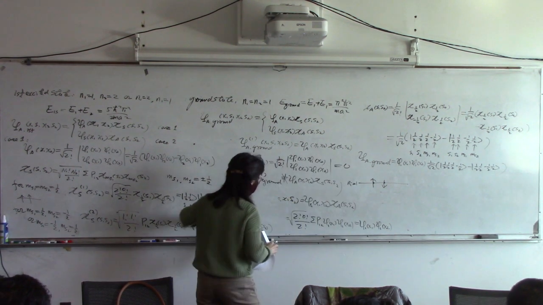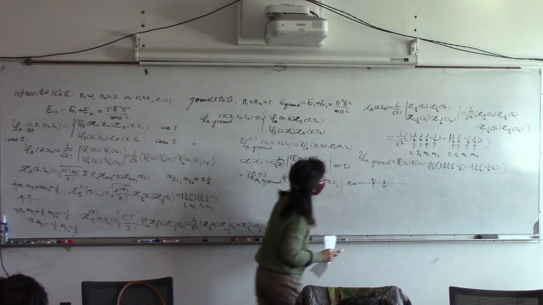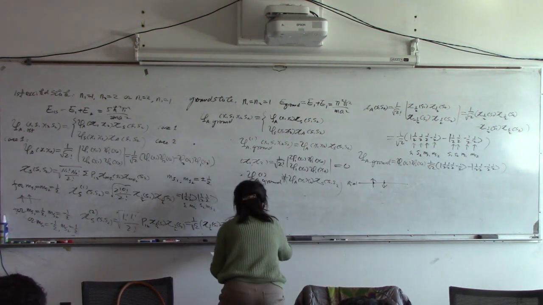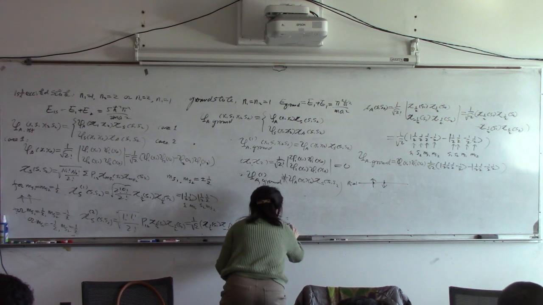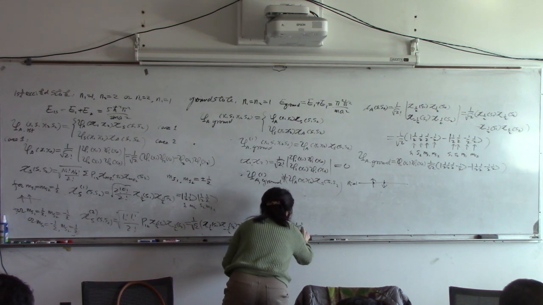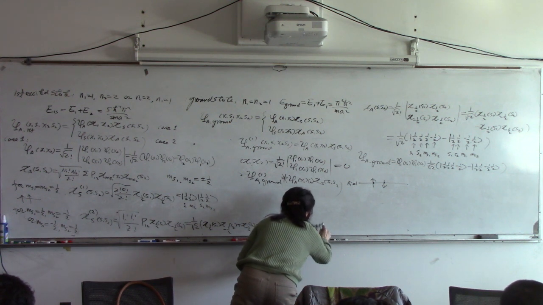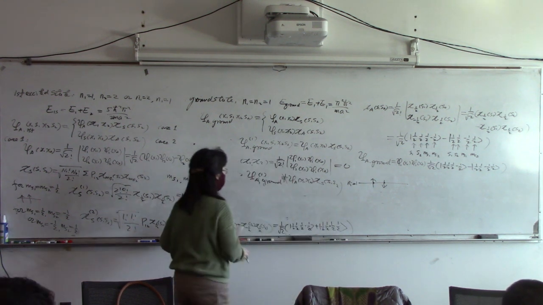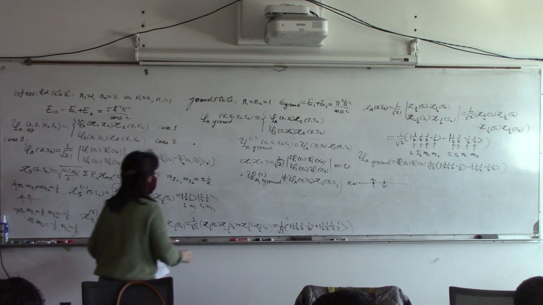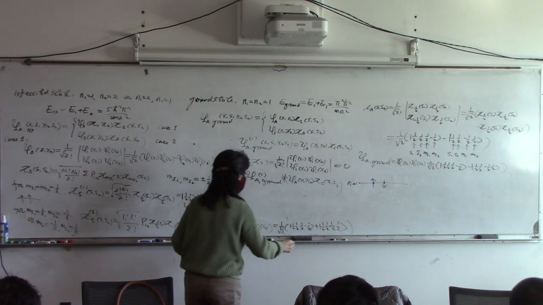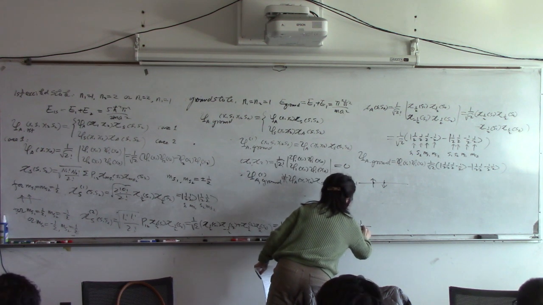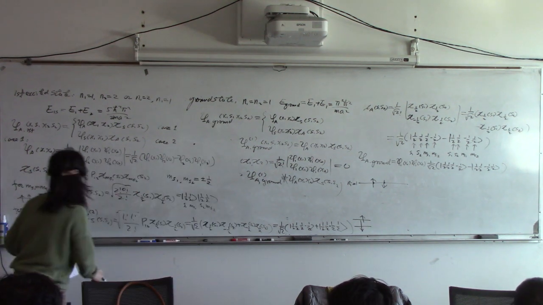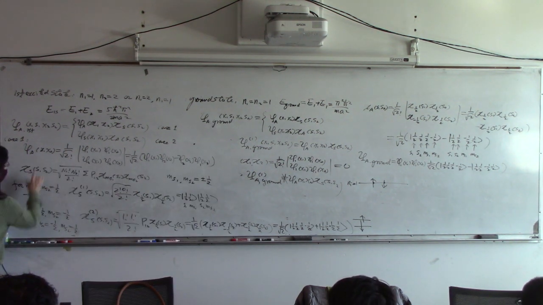Okay, and now let's come down. I use the Dirac notation here, so that is half, half, minus half, plus half, half, minus half, half. And these states correspond to, I think, this one, because you have two states, right?